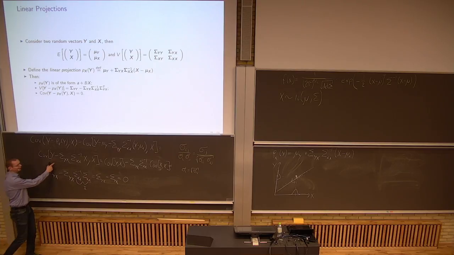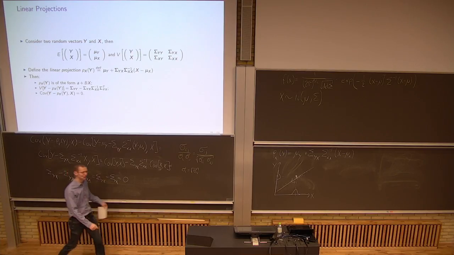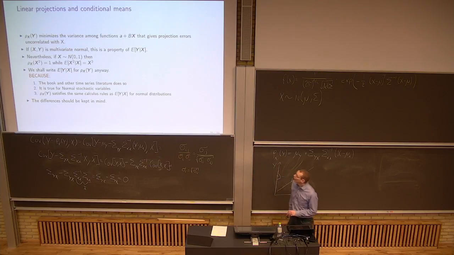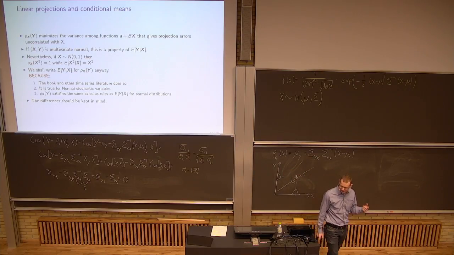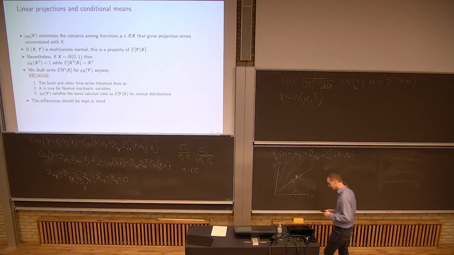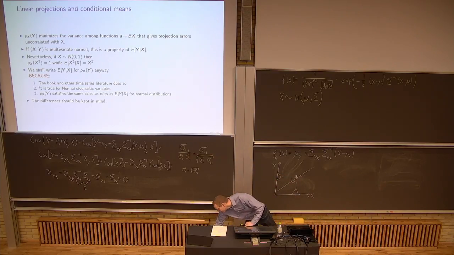So that was the first use of one of the helpful calculation rules. Now, we often relate this projection to the conditional expectation. This is not always, so I'll write it with a question mark.